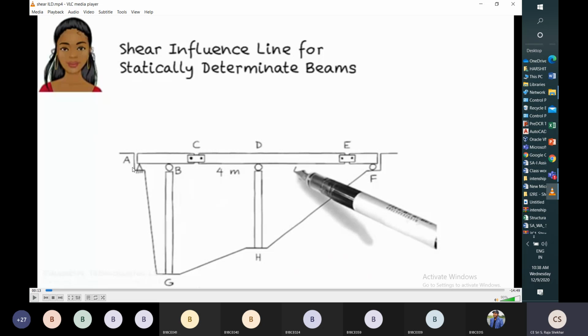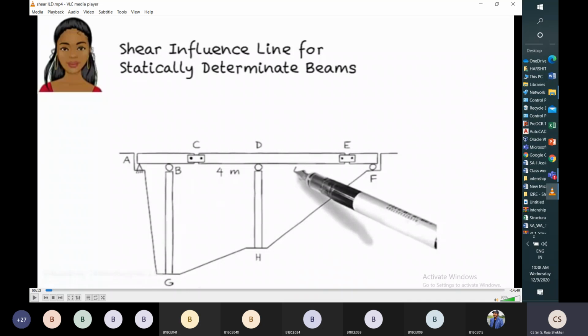To cross this river from A to F, we have constructed a bridge structure, a beam with one end A and another end F. We are moving a load along it. How will the shear force vary in the beam? How will shear force in the section vary? We'll try to see in this session.